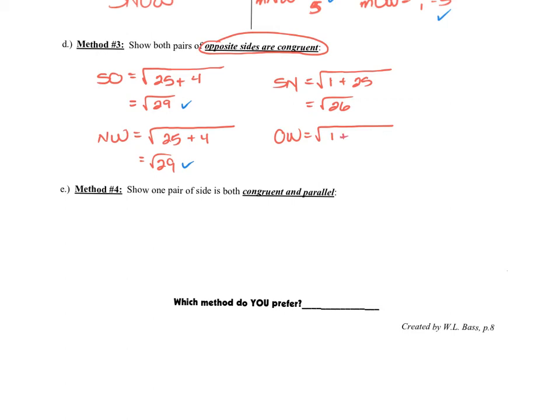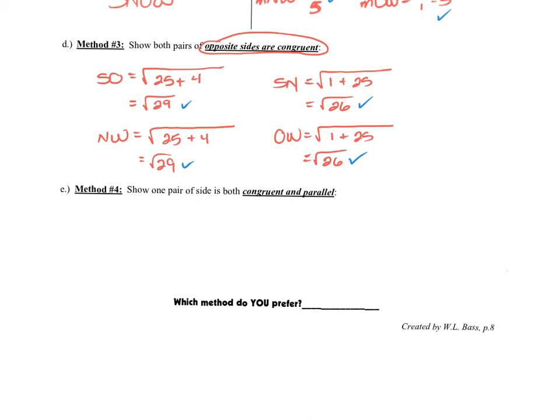Add that to -1 minus -6 is a positive 5. Squared is 25. And that also is the square root of 26. Okay, so now we've calculated the distance of all 4 sides and shown the opposite sides are congruent, so this would be another method.